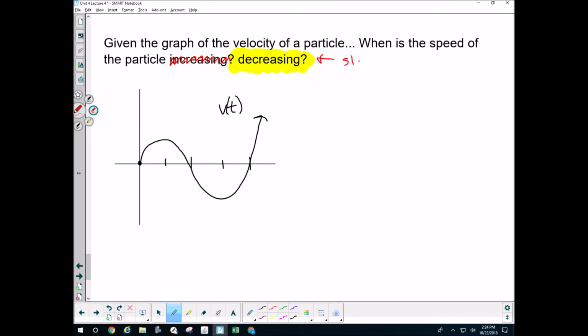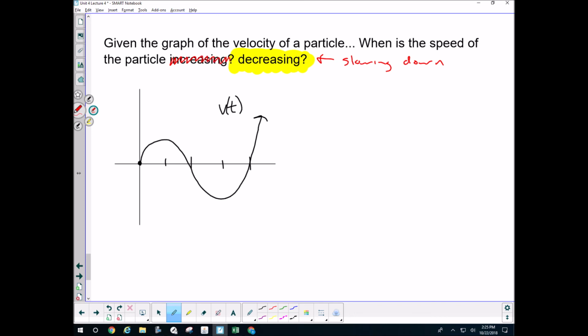Okay? When is this object, this particle, slowing down? Now, you could just look at the velocity graph and figure it out if you think about the guy and his movement.